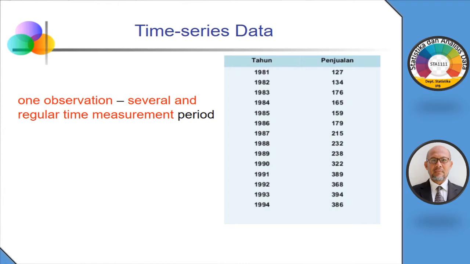And then you have another variable, for example, here the number of soul, 127, 134, and so on. Because this is just one object, but measured in several periods, we call this data time series data.